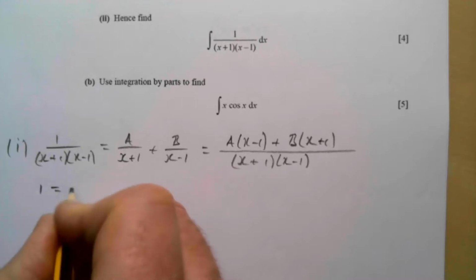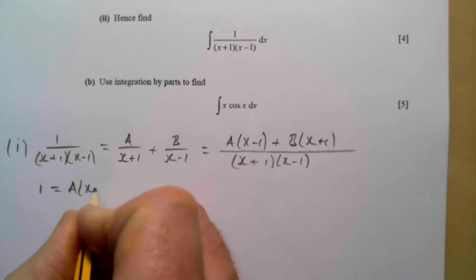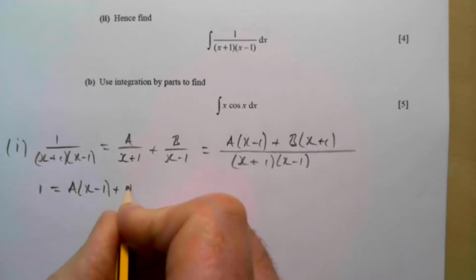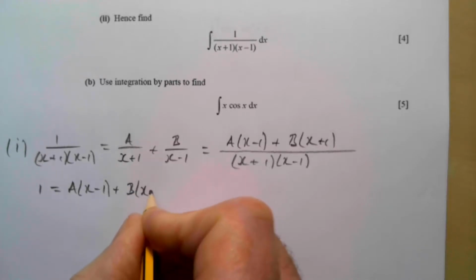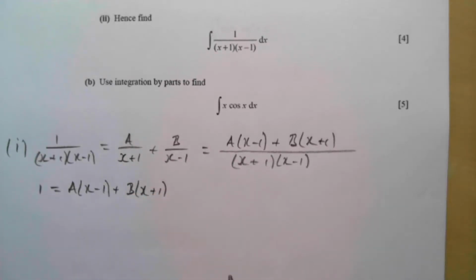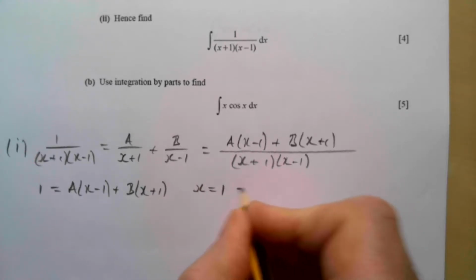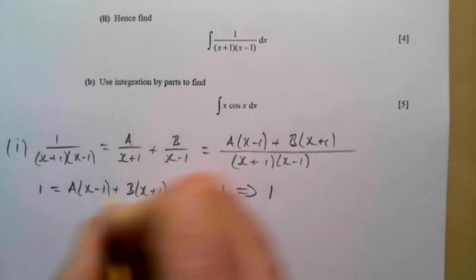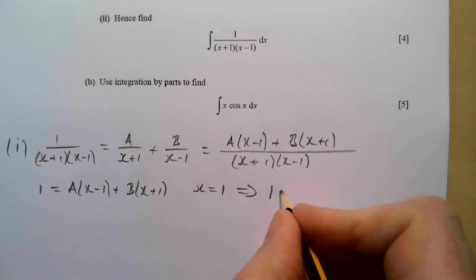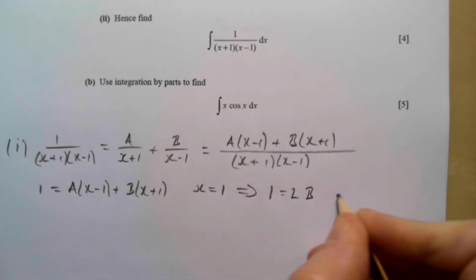So we have 1 equals A(x minus 1) plus B(x plus 1). If we let x equals 1, that disappears, and we get 2B.